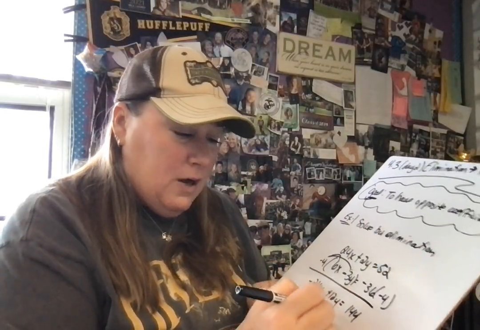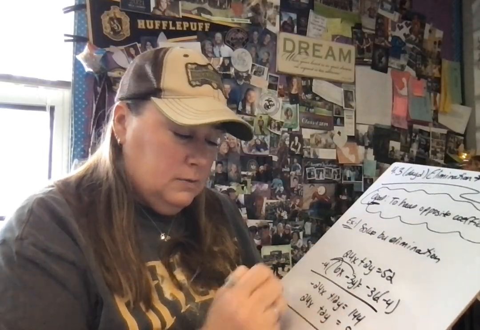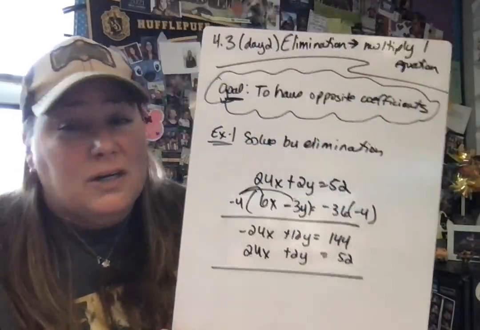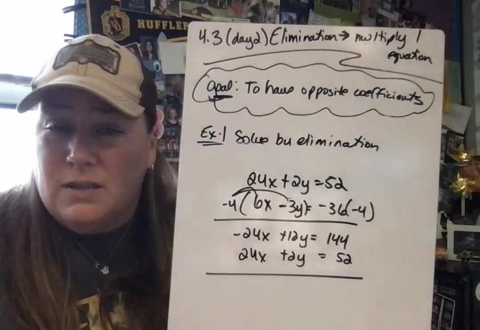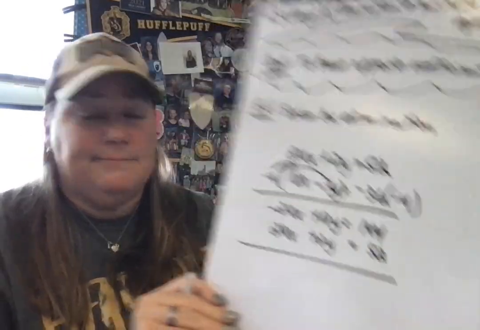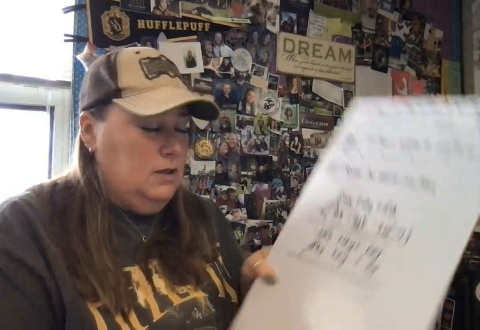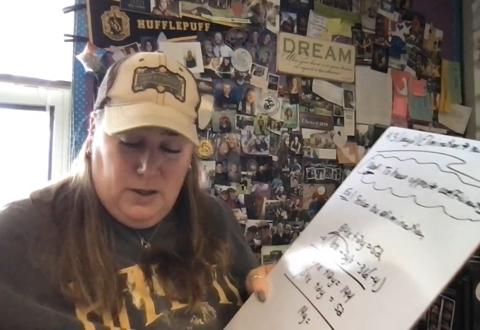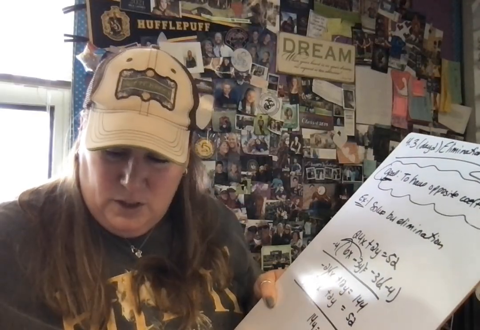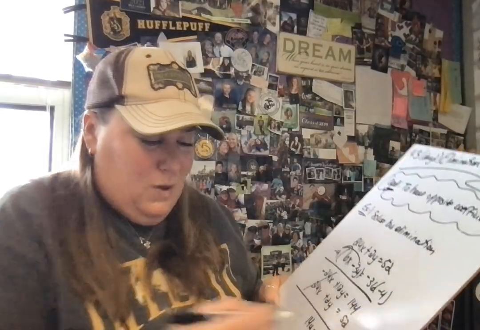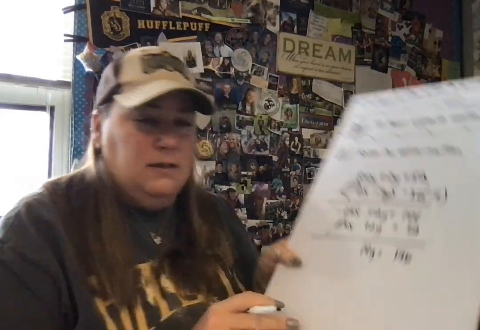Always work down. Okay. At this part, if you multiply correctly, you should have something that eliminates. And we do. So yay you, pat yourself on the back. There we go. Work down: 12y and 2y, 14y, and ooh, 144 and 52. Whoops. 144 plus 52. 196. I like that.